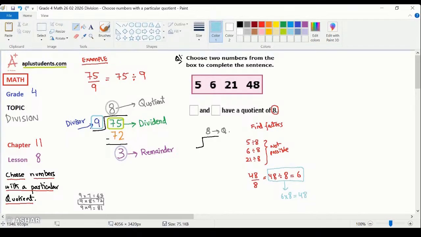Therefore, when 48 is divided by 8, the answer would be 6. So can we find those two numbers over here? 48 and 6. That means when 48 is divided by 6, the quotient would be 8. So let's write the answer. The two numbers 48 and 6 have a quotient of 8. Agreed?